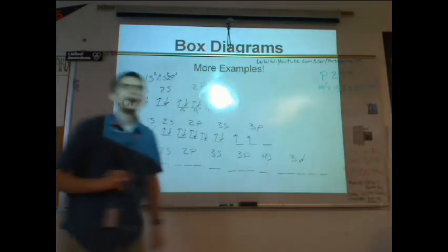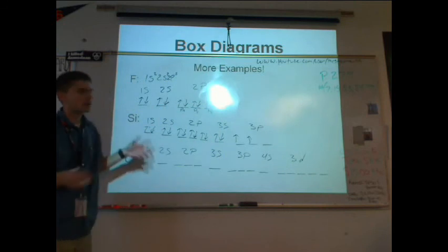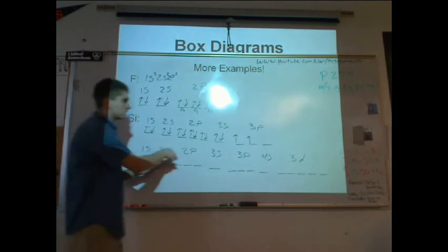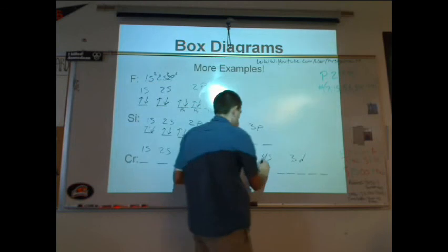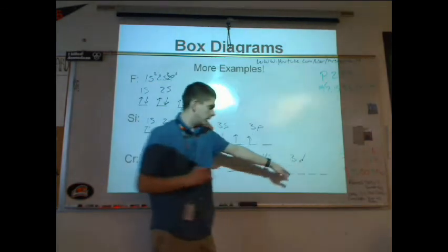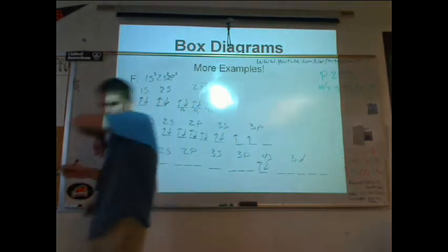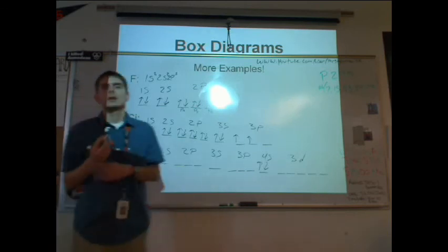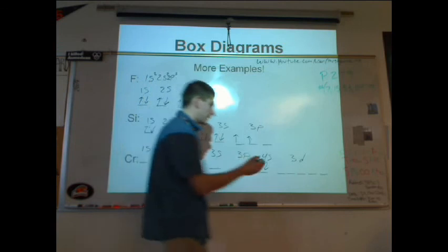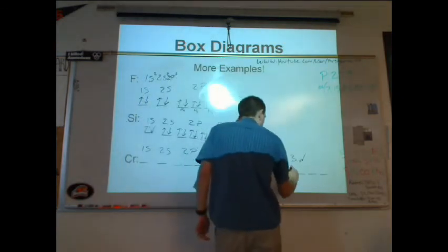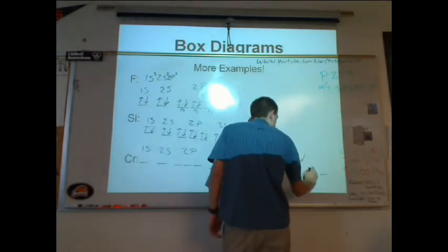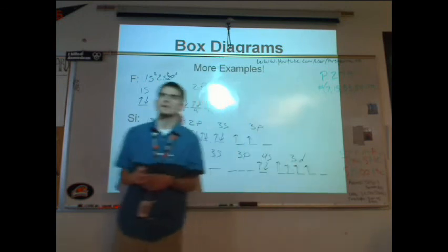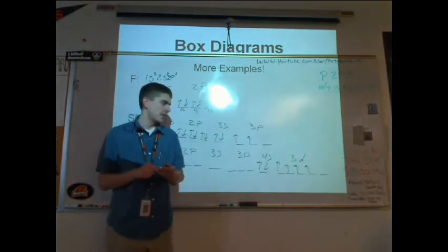And then, of course, you get 5 lines. I'm not going to waste the time, but you would fill these all up. Now, chromium has 4 in the d. So, same thing. You have to put 1 in every box before you can double them up. And since you have 5 boxes, you're never going to double them up, and that's what it looks like.